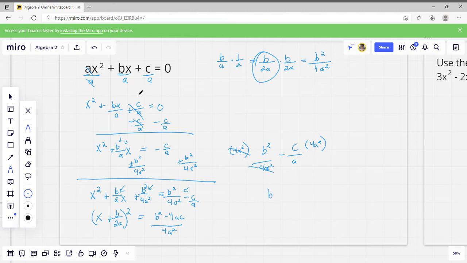So I'll just have b squared over 4a squared minus, then I multiply that right there. I've already got one of those a's, so I'd have 4ac over 4a squared. So that puts those two terms together.